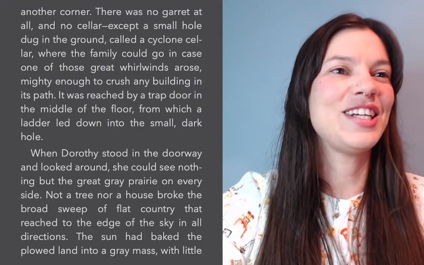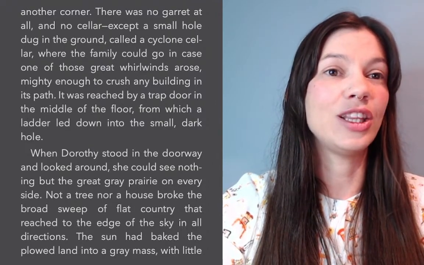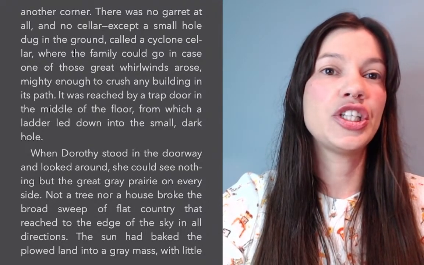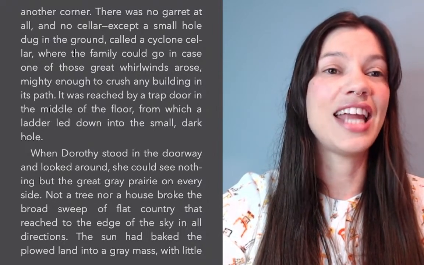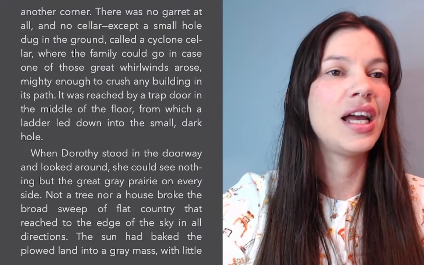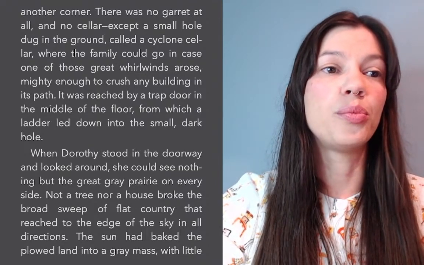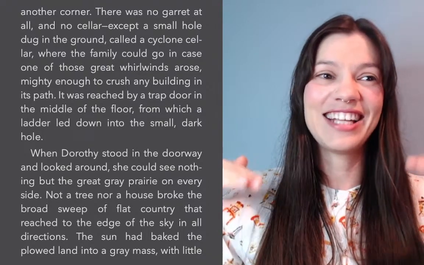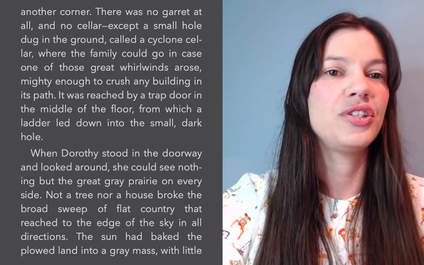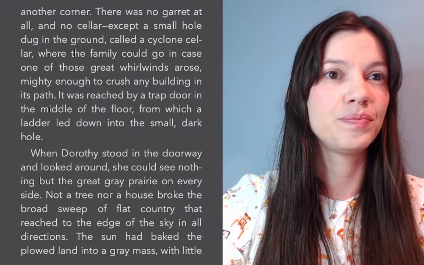So let's continue. When Dorothy stood in the doorway and looked around, she could see nothing but the great gray prairie on every side. Not a tree nor a house broke the broad sweep of flat country that reached to the edge of the sky in all directions.